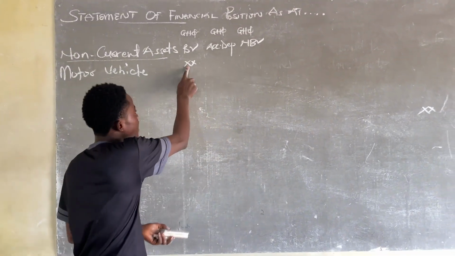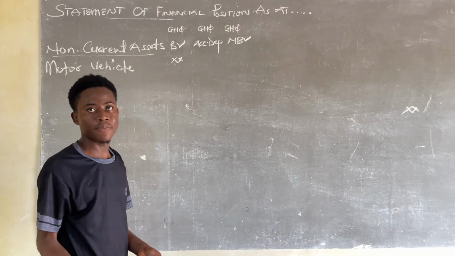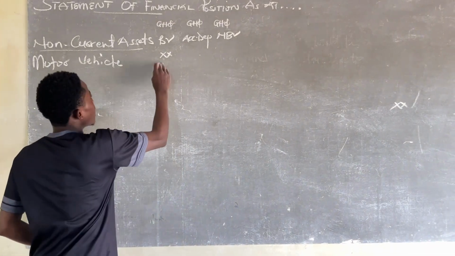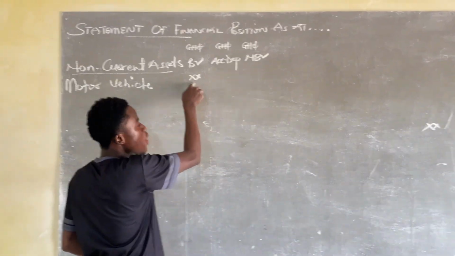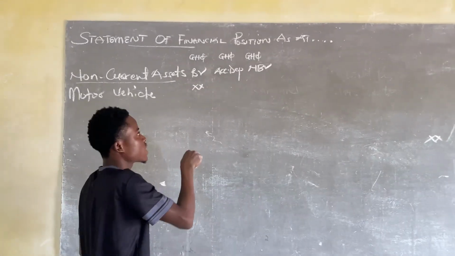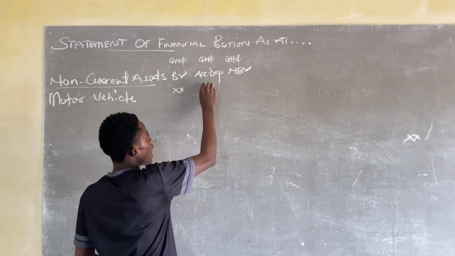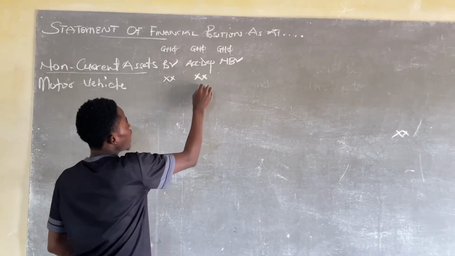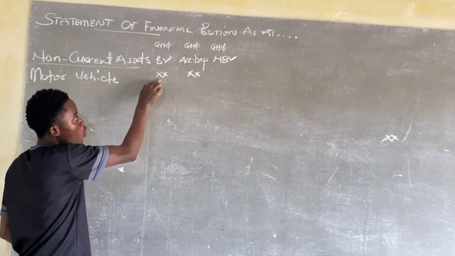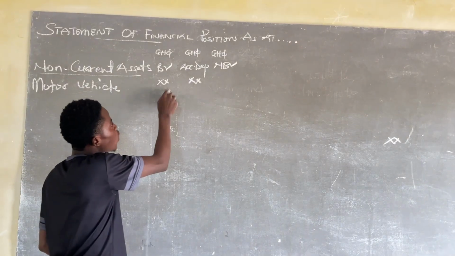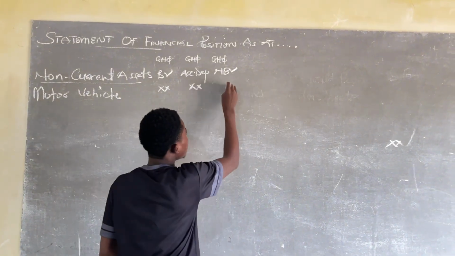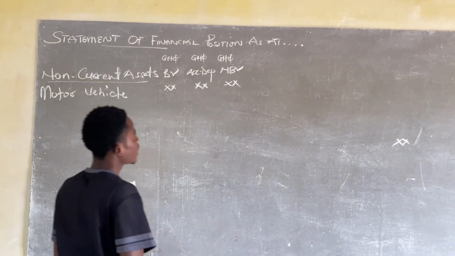So we are using this to represent an amount of money. The book value, or the amount at which the motor vehicle cost, was given. Now we calculate our depreciation. We deduct this depreciation from this amount, and the final figure we write under the net book value.